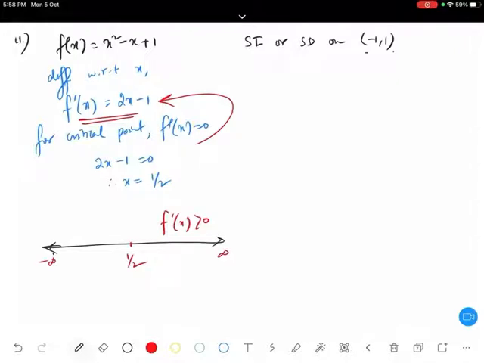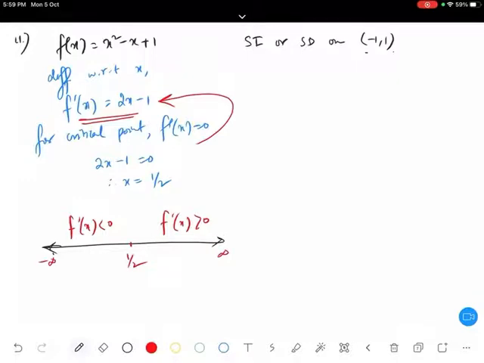On the left hand side of half, let us take 0. 2 into 0 is 0, 0 minus 1 is minus 1, so f dash x is less than 0. These are the two variations of the slope at the critical point half: on the left hand side it is less than 0, on the right hand side it is greater than 0.